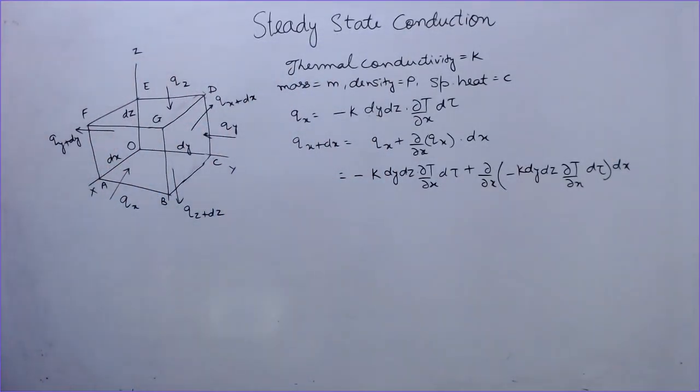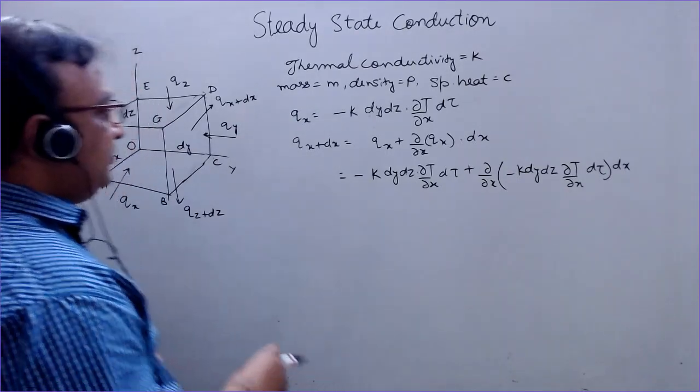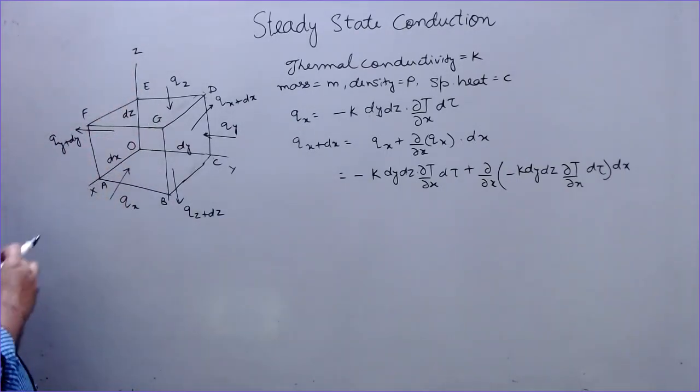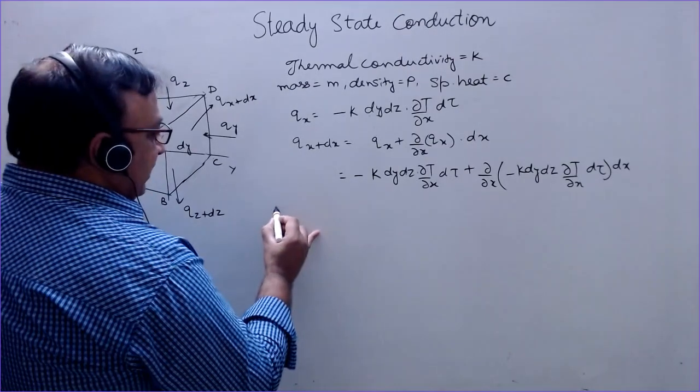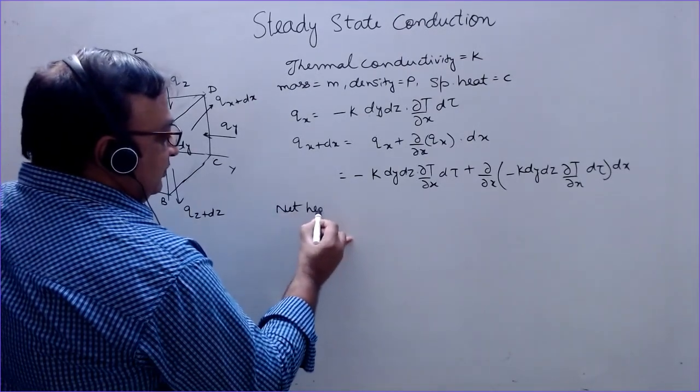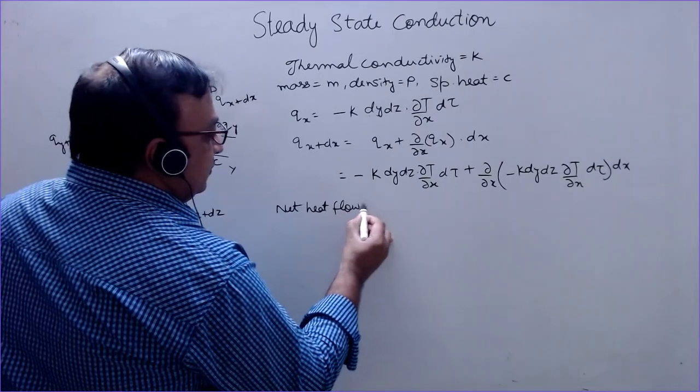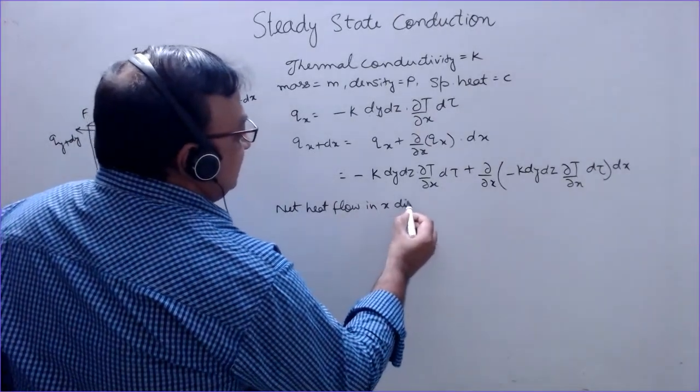So this is the expression for heat entering through one face, and the second one is the expression for heat energy leaving the other face. So now we can write the difference of these two, that will give us the net flow in the direction of x by taking the difference, or heat which is remaining inside this, heat retained by this, or you can write net heat flow in x direction.